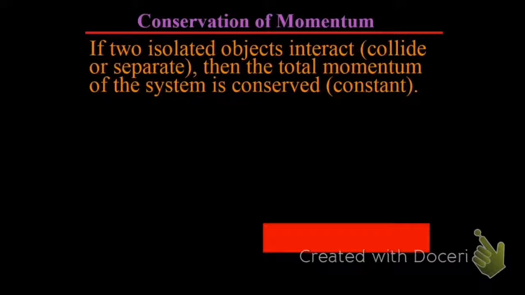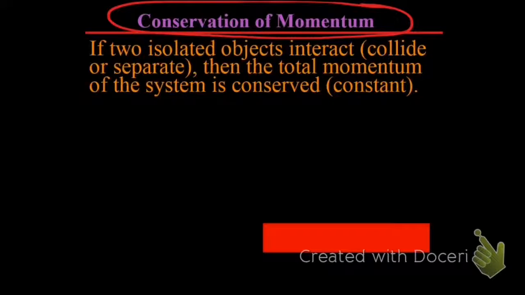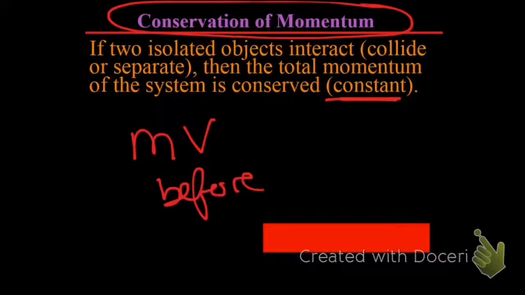First is conservation of momentum. This idea is that if two objects interact, whether they collide or they push off of each other, then the total momentum of the system is conserved. It's a constant value. So this means your mv before is equal to your mv after.